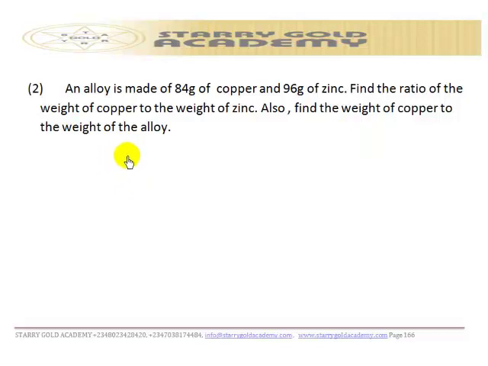An alloy is made of 84 grams of copper. Okay, I want to form my own alloy now, so don't mind my alloy. This is my alloy. Let's say this is a sheet of metal.